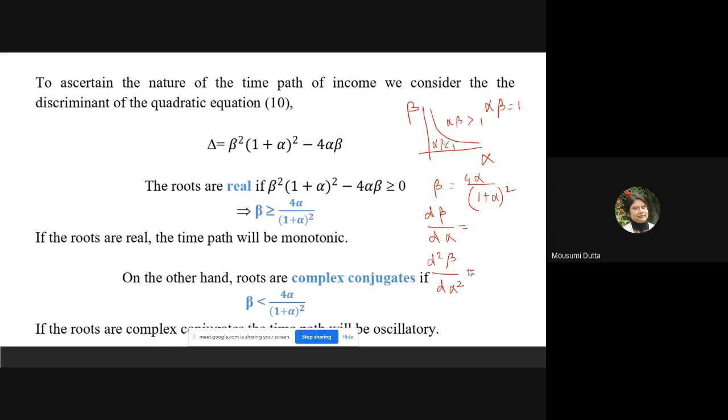First, d beta by d alpha. You can use the u by v format, 4 alpha into (1 plus alpha) to the power minus 2. And the denominator is (1 plus alpha) to the power 4. What is the denominator? (1 plus alpha) to the power 4.